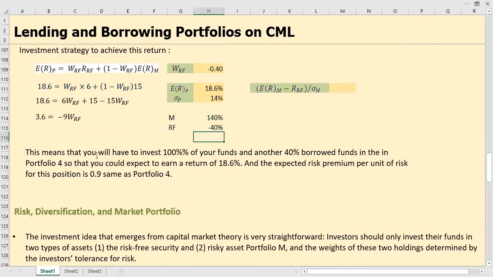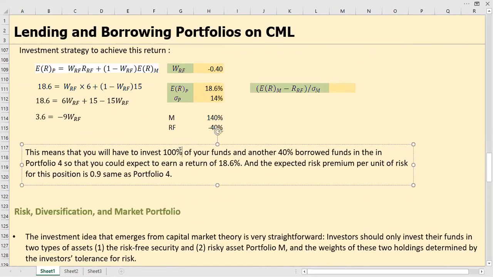So you can see it here. This means that you will have to invest 100% of your funds and another 40%, that means 100 plus 40 borrowed funds in the portfolio, so that you could expect to earn 18.6%, and the expected risk premium per unit of risk is always 0.9.